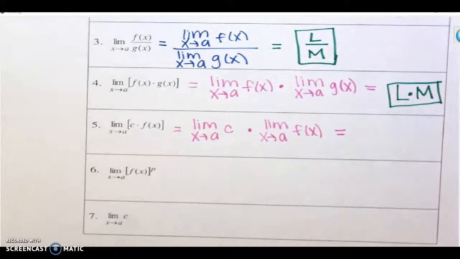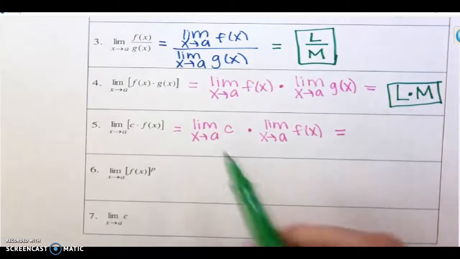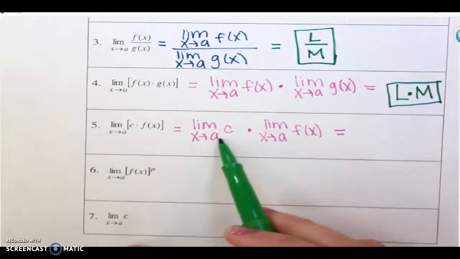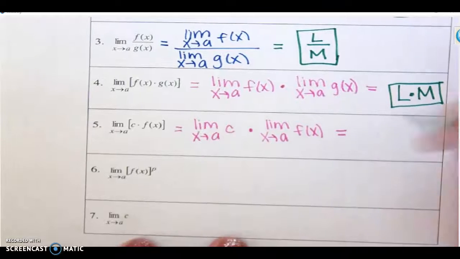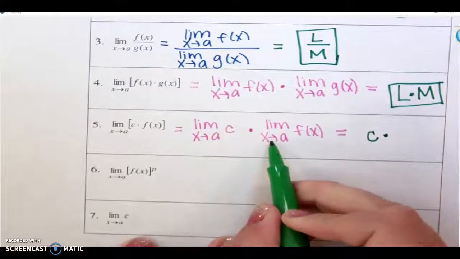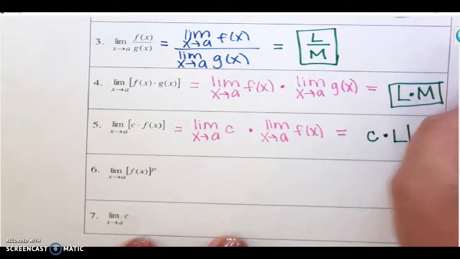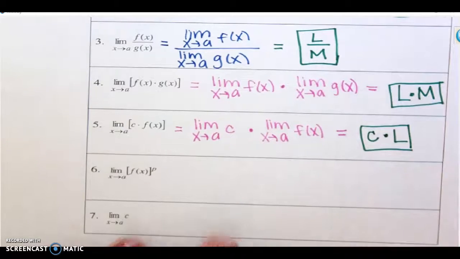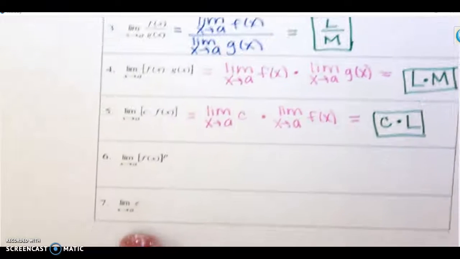We'll see this in a second, but when you find the limit of just a constant, so the limit of 5, there's nowhere for you to plug it in, so it just has to be that number. So the c is going to stay. So it would be just c times, and we know this limit is L. Okay, so once again, c is just a constant.